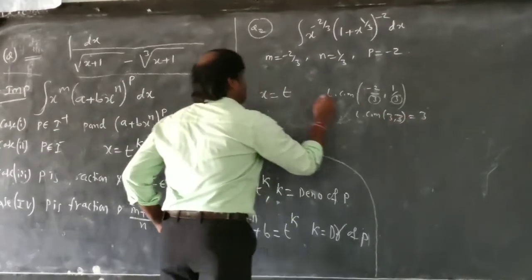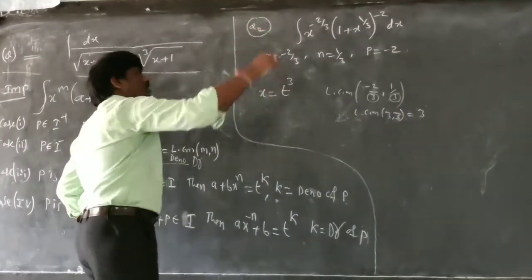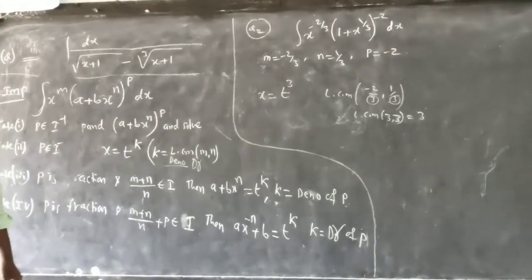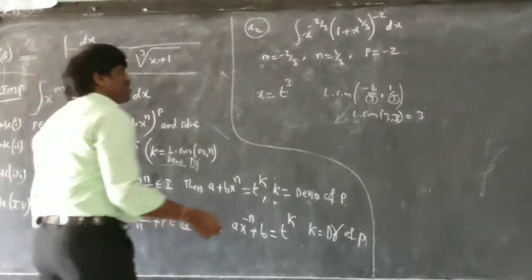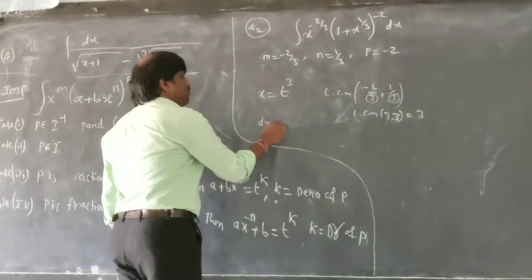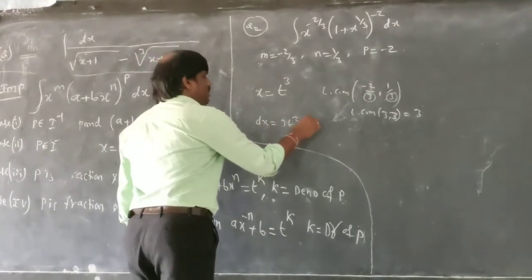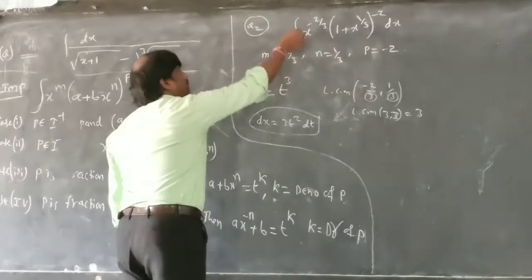So I can write x is equal to t cube. So I can replace x is equal to t cube. Now do the differentiation of this one. dx is equal to 3t square dt. Now we place this in the question.